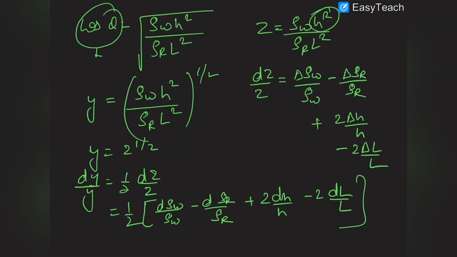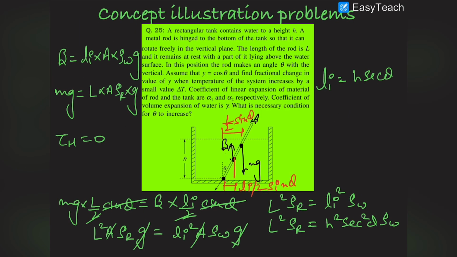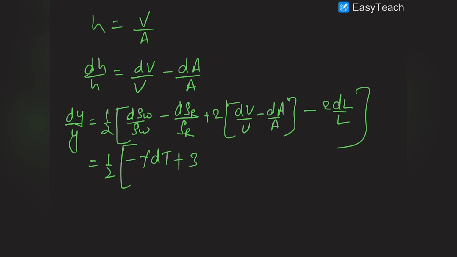So d rho water by rho water will be equal to minus gamma dt, and d rho of rod by original rho of rod will be minus of, so there would be plus, 3 times the coefficient of linear expansion of rod, alpha 1, so 3 alpha 1 dt plus, this is volume of water, so dv by v would be twice of gamma dt, and minus twice of area of the rod, so dA by A would be equal to 2 alpha dt, and this is minus 2, L is the total length of the rod, so minus 2 alpha dt.